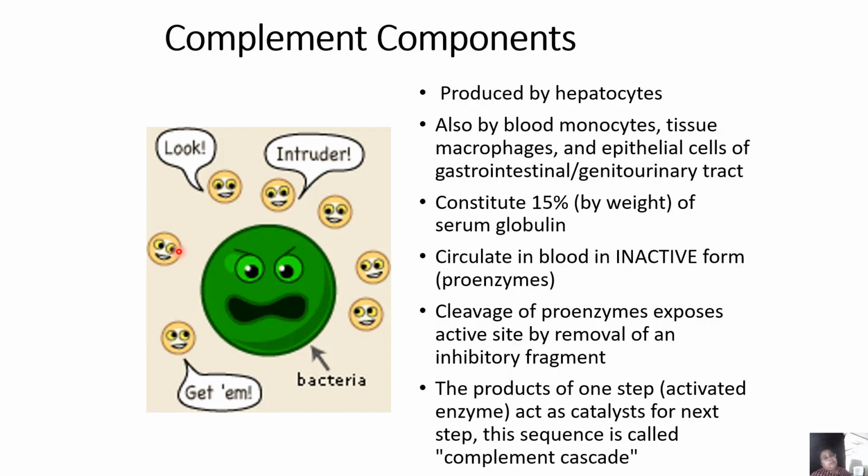They can circulate in blood in inactive form like proenzymes, and the cleavage of proenzymes exposes the active site by removal of an inhibitory fragment. So the products of one step, that is the activated enzyme, act as catalysts for the next step. This sequence is called the complement cascade.